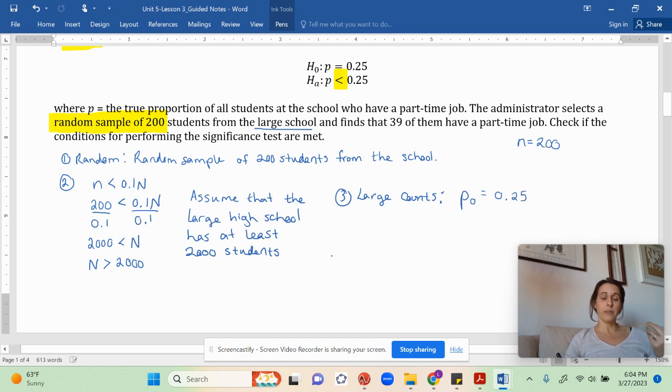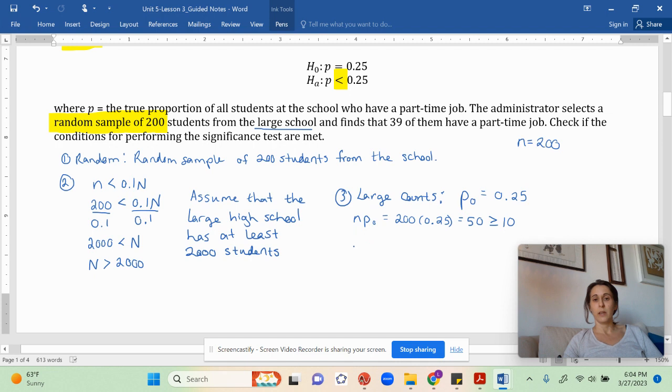If you look above in the table where we wrote what this condition is, you should multiply n times p naught. Well, n, remember, is 200. 200 times 0.25 is 50. And the condition is that this must be greater than or equal to 10. That's what our condition above says. 50 is great, it's greater than or equal to 10.